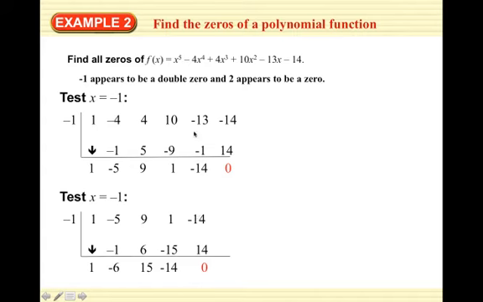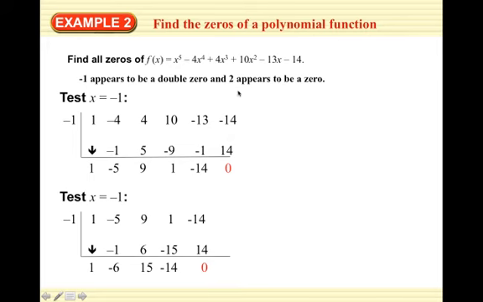So we have factored an x plus 1, another x plus 1, and we're left with the quotient, actually this is 4th degree, so this is 3rd degree: x cubed minus 6x squared plus 15x minus 14.